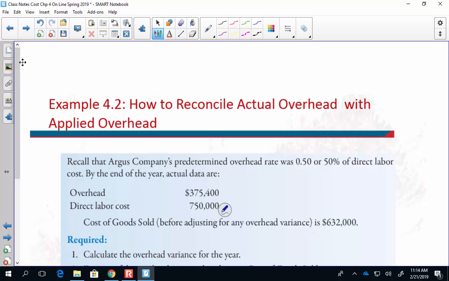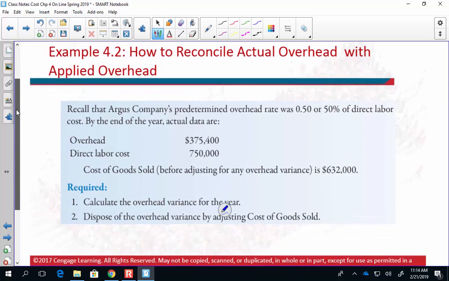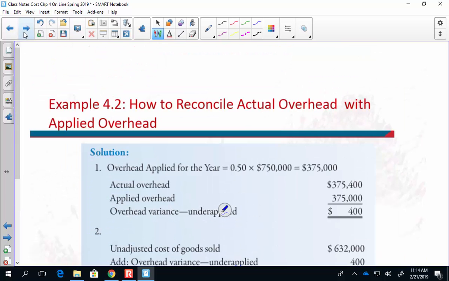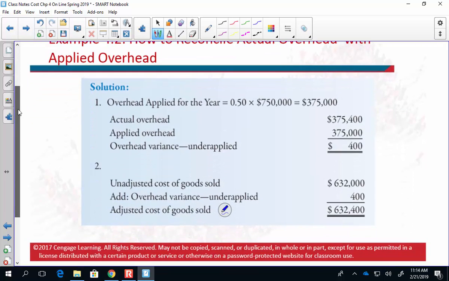And then example 2 here is how do we reconcile the difference, which is step 3. We simply take the difference between what we applied throughout the year compared to the actual. In this case, we were under applied. If you look at the amount, here's our actual number, which is $400 more than the applied.